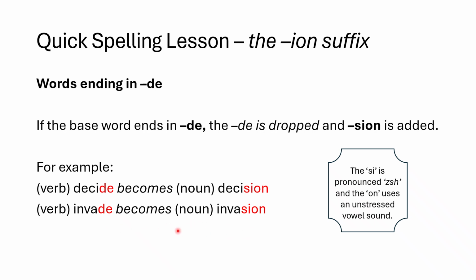In these examples, you can see the DE is dropped from the base word and SION is added to form the noun. Decide, decision. Invade, invasion. The SI is pronounced zh, and the ON uses an unstressed vowel sound.